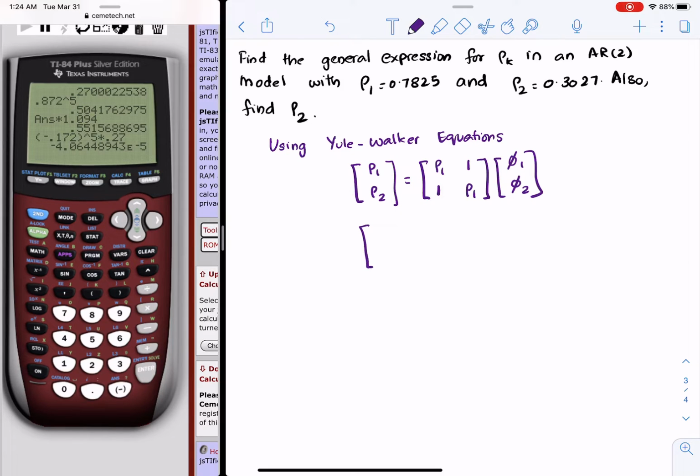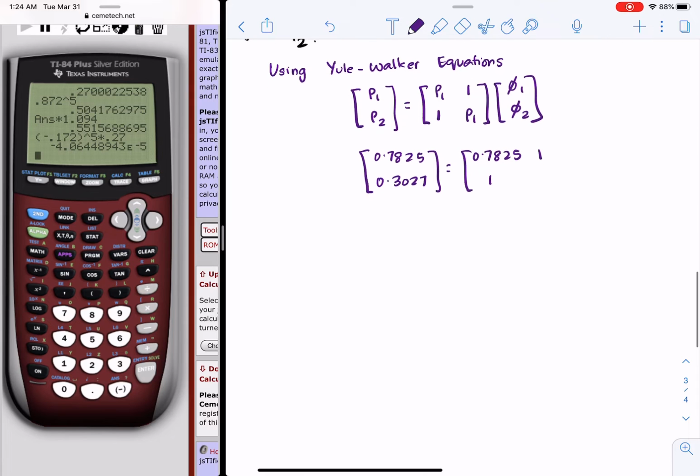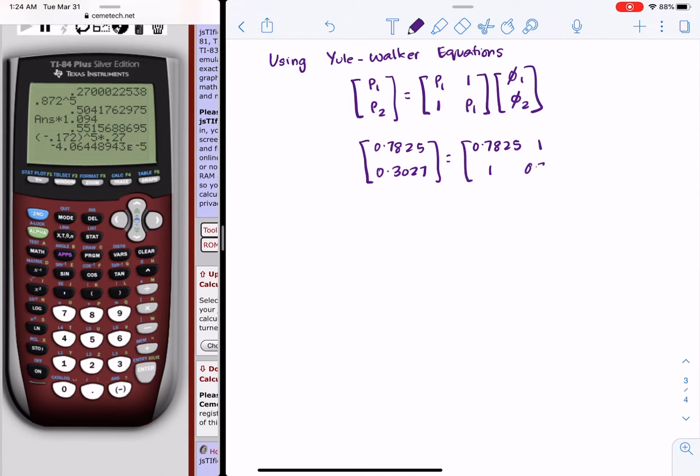Which in this case would be 0.7825, 0.3027 equals the matrix 1, 0.7825, 0.7825, 1 times phi 1 and phi 2. So I'm going to call that matrix A and call that B, which would imply phi 1, phi 2 is equal to B inverse times A.